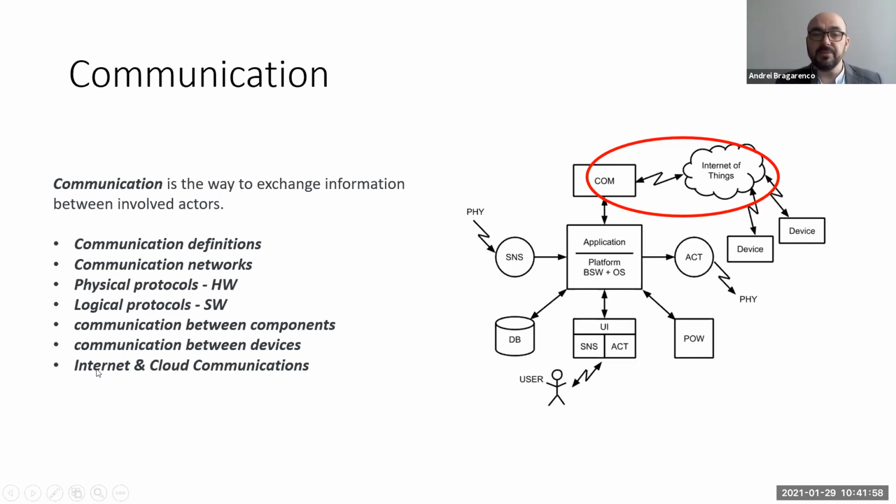And finally, we have here internet and cloud communication, most probably, because the system that is providing this webinar has a cloud system that is connecting me with you from everywhere.